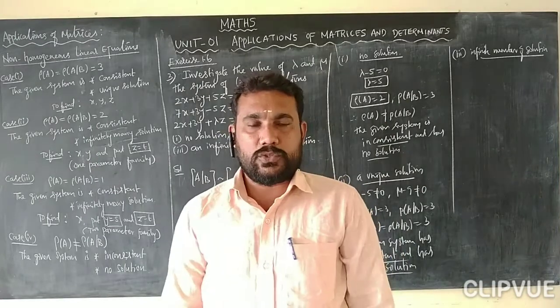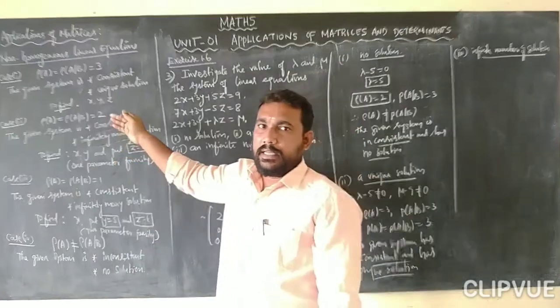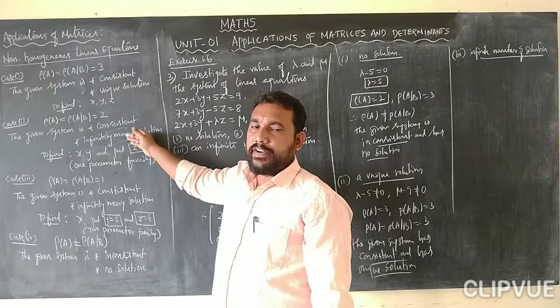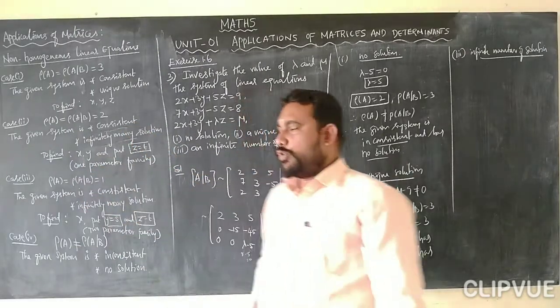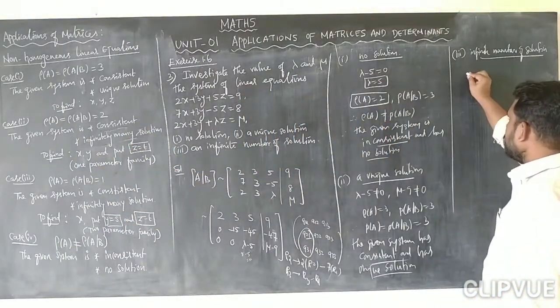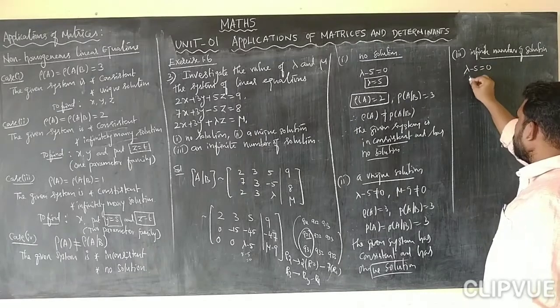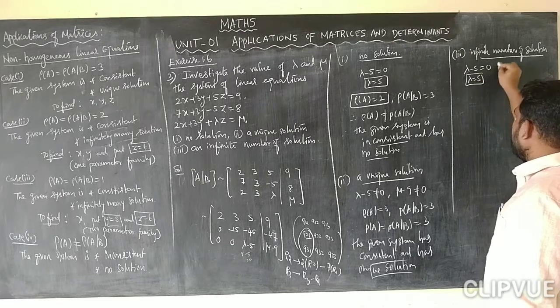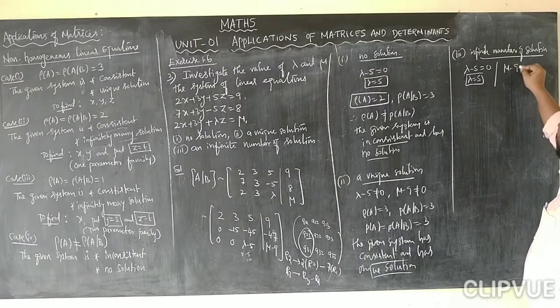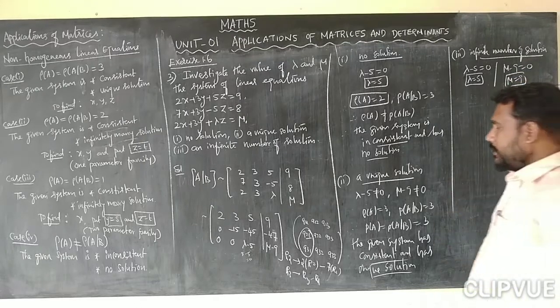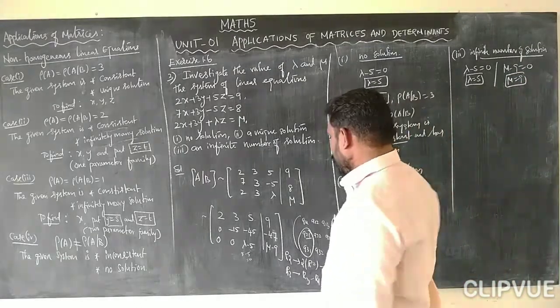Rank of matrix is 2. The given system is consistent and has infinitely many solutions. Therefore, lambda minus 5 equal to 0, lambda equal to 5. Next, mu minus 9 equal to 0, mu equal to 9. Okay, substitute this.